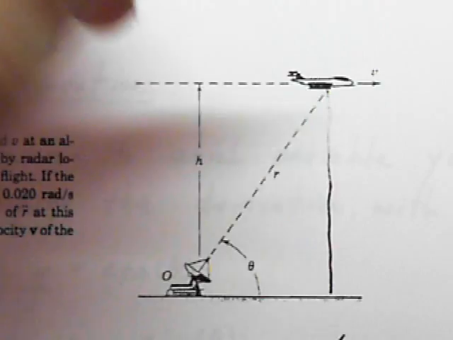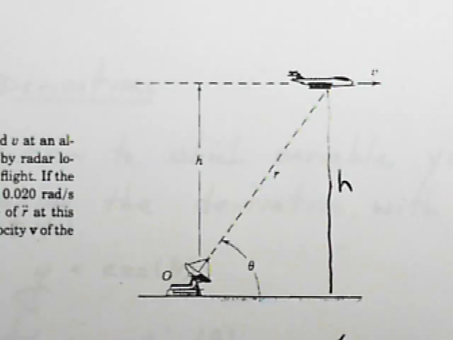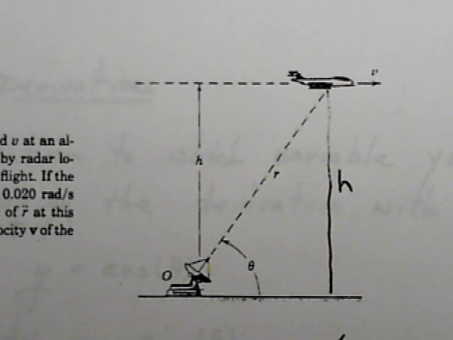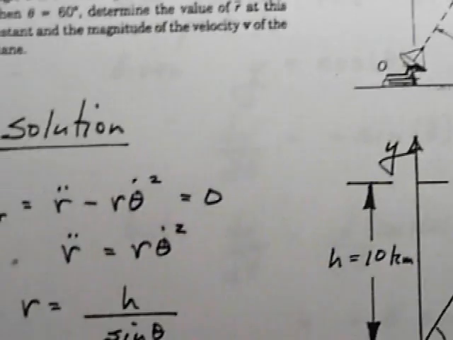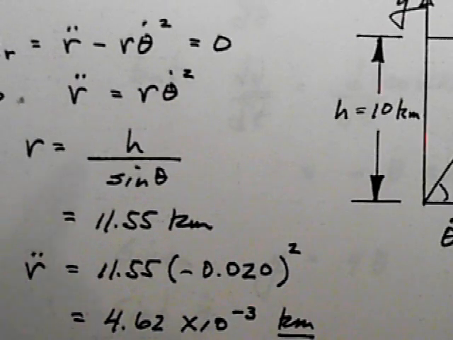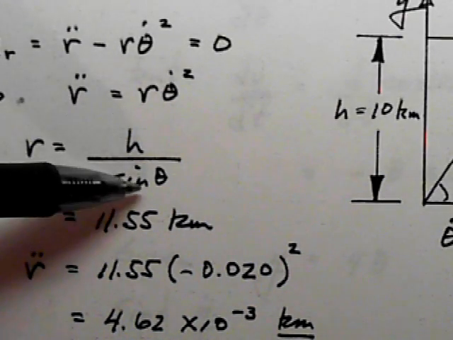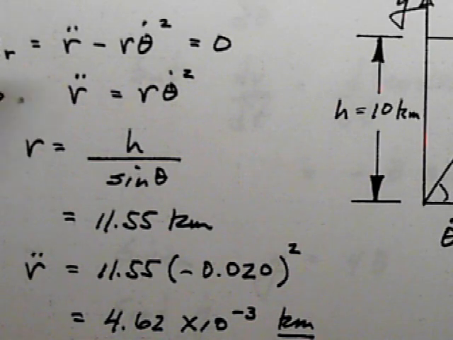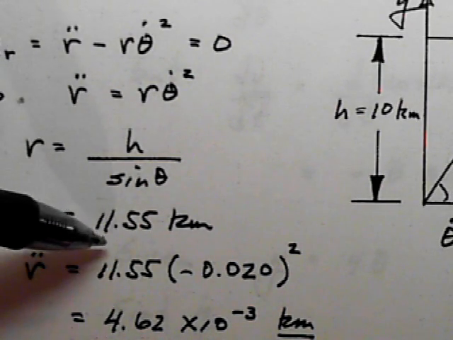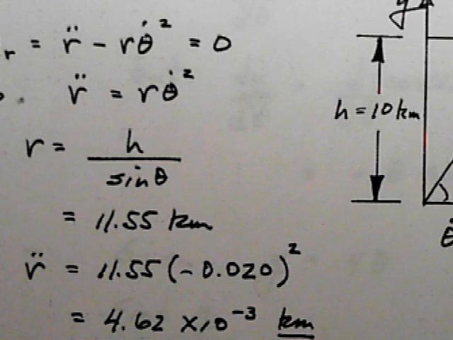If it makes it a little bit easier to visualize, that is also h. And so we can say that h is equal to r times the sine of theta. Or we can say that r is h divided by sine of theta. Same thing. And we plug in theta equals 60 degrees, and we get that r is equal to 11.55 kilometers.